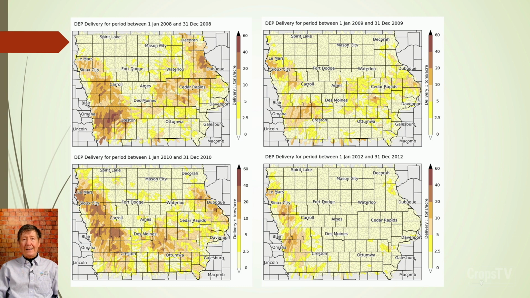If we go to the lower right-hand corner, we're looking at 2012. What type of rainfall did we have in 2012? Well, we didn't have much. And everyone knows if it doesn't rain, we don't get the kind of erosion that we do when it does rain. Also, can you tell from this where the Des Moines Lobe is?